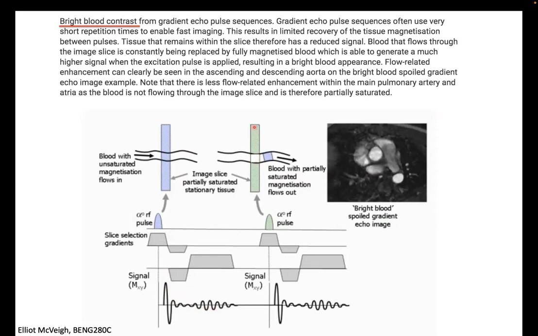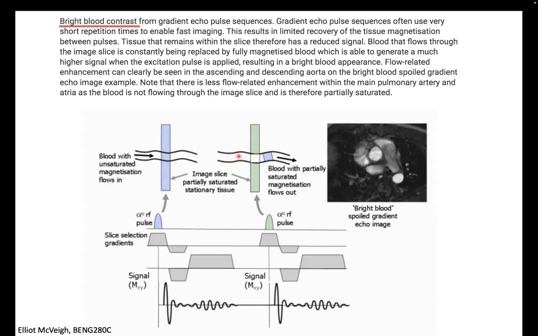And then when we go to acquire signal again from this slice, after only a few milliseconds, what happens is this tissue here, because it's seen two RF pulses in a row, becomes saturated. We haven't let it recover by T1 recovery enough such that we generate a high signal here.